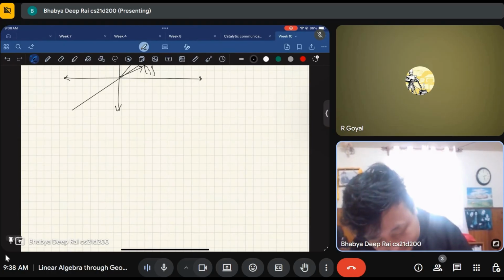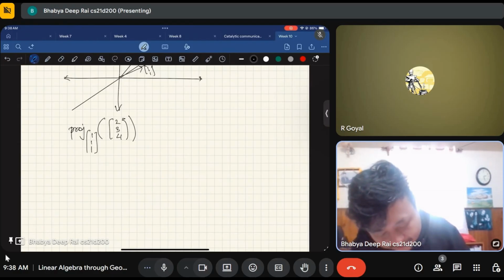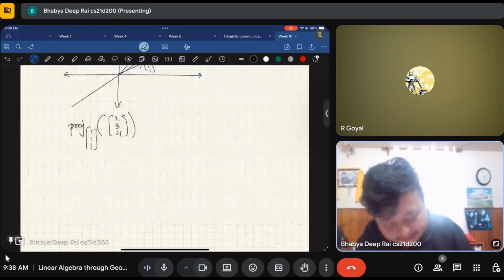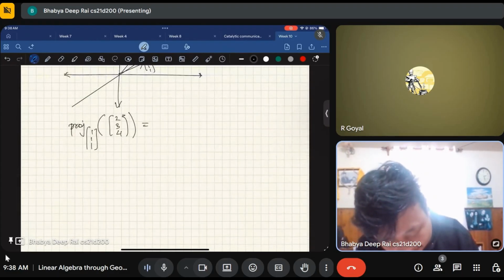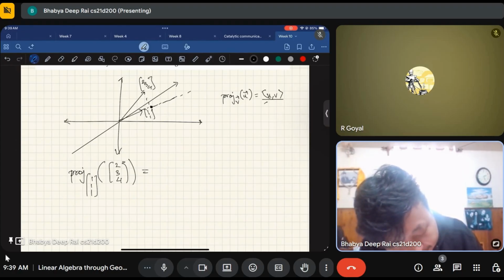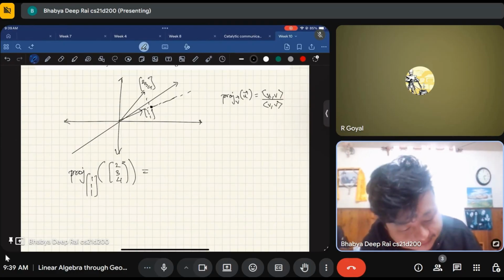So what we need to find is the projection of the vector 2 3 4 onto the vector 1 1 1, or onto the column space of 1 1 1. Now what is that? We already know that the projection of u onto v is the dot product of u and v, divided by the dot product of v and v, times v.